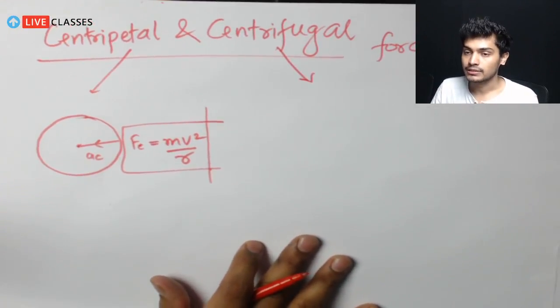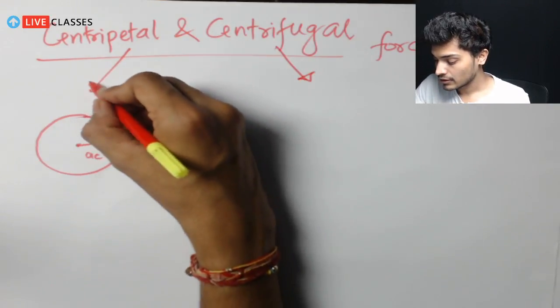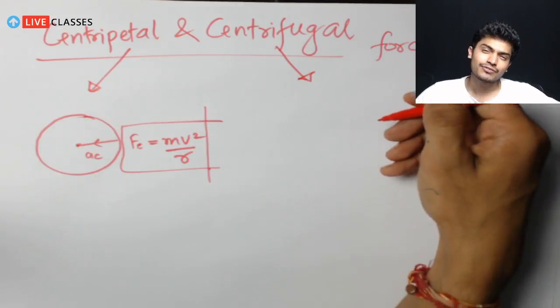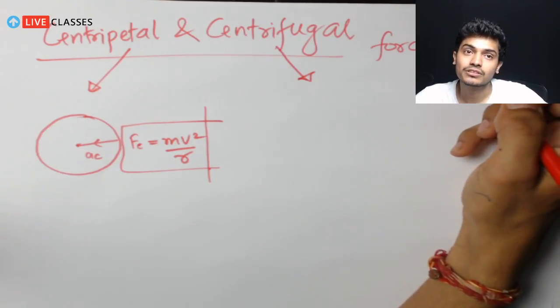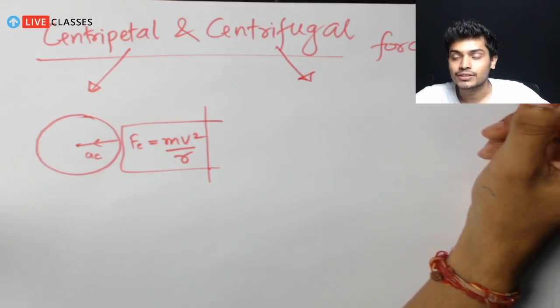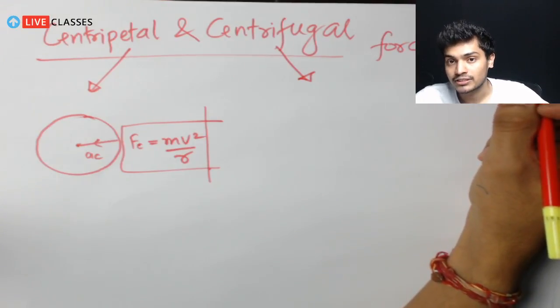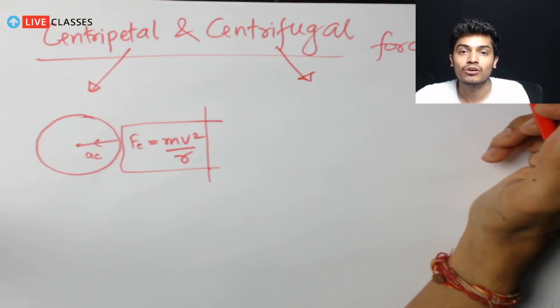And centrifugal force. In Newton's laws of motion we have learned about pseudo force, which we have to apply in a non-inertial frame in order to apply Newton's second law of motion.